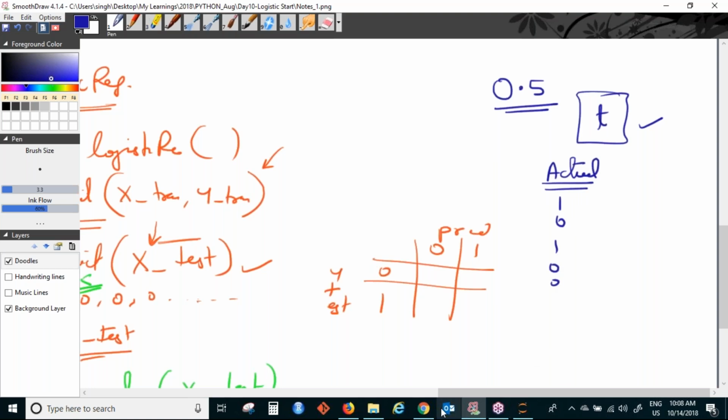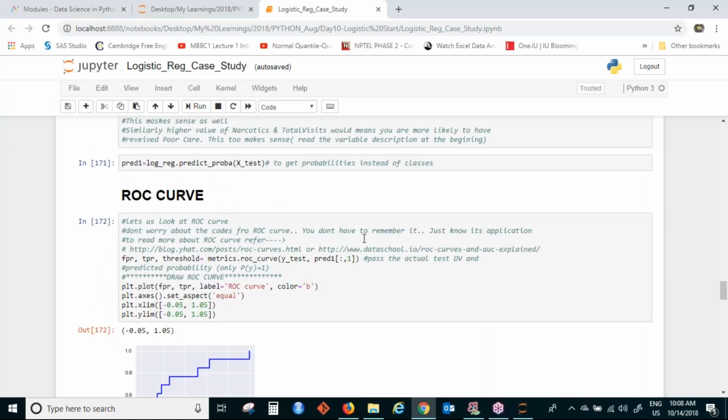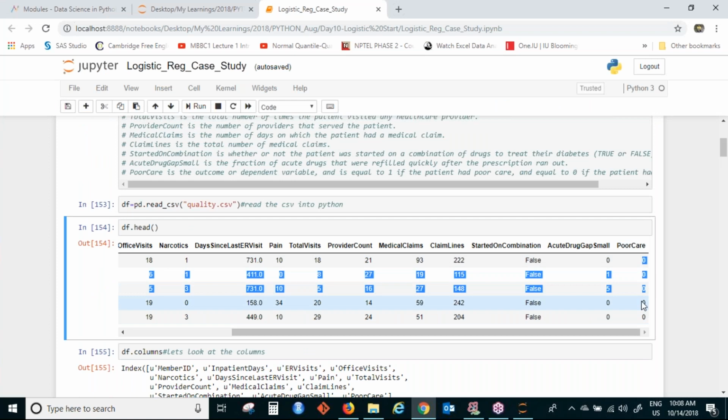So let me show you, for example, the data that we have here. The dependent variable here is this variable, and you see it already has ones and zeros.